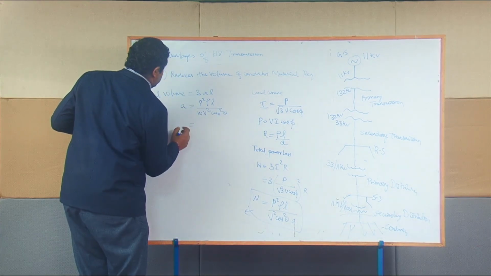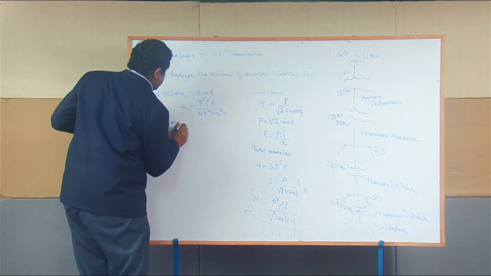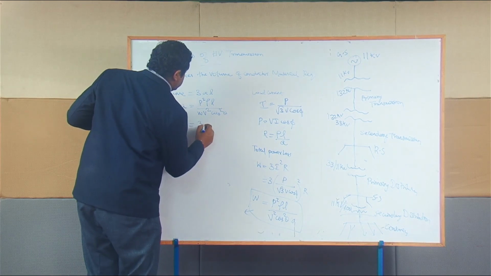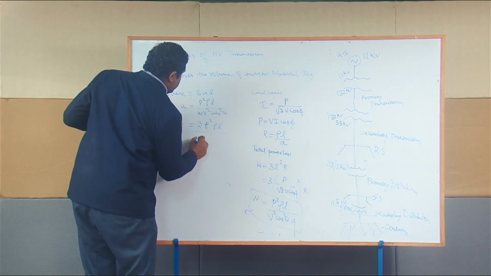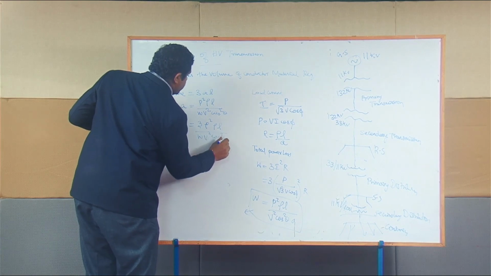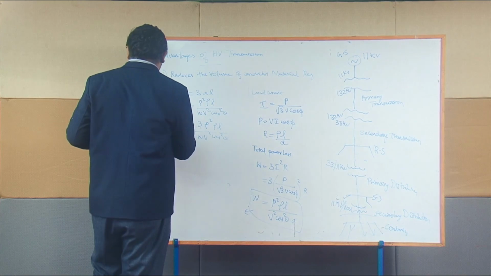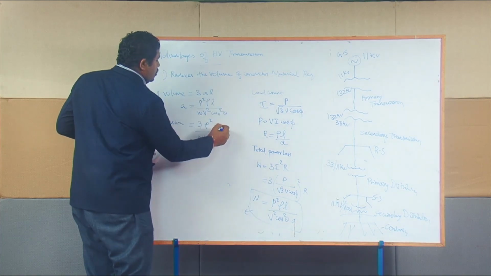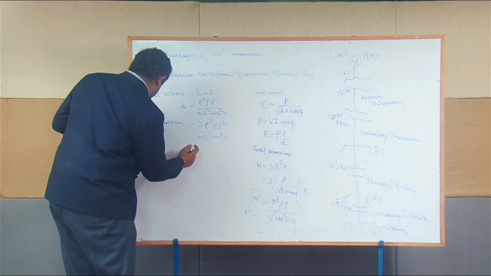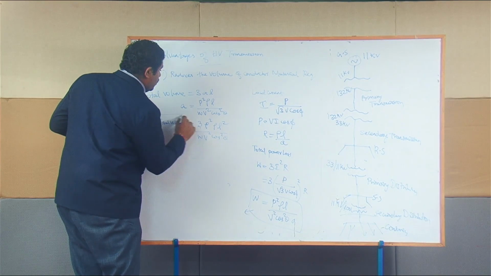So, total volume is given by 3 times rho L into P squared rho L divided by W into V squared cos square theta. So, this is the total volume required.